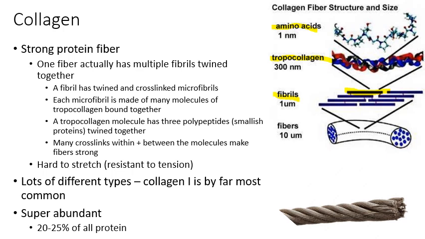Those microfibrils within the fibril are also cross-linked to each other. You can see these little cross-links between the microfibrils there. That's also helping to give strength to the overall fiber. And then finally, if you take several fibrils and wind them together, you get your final collagen fiber, which has 4 different layers of things that are all wound together.